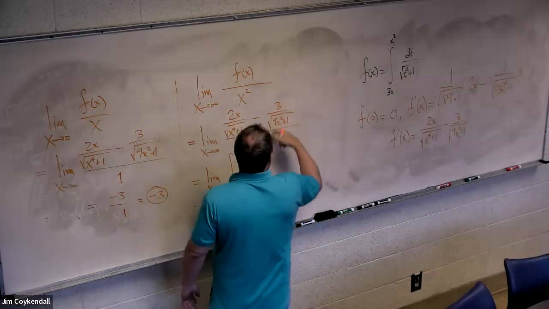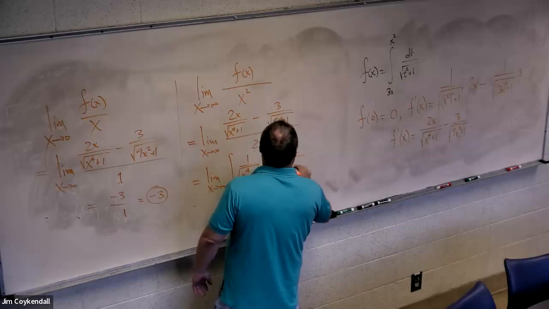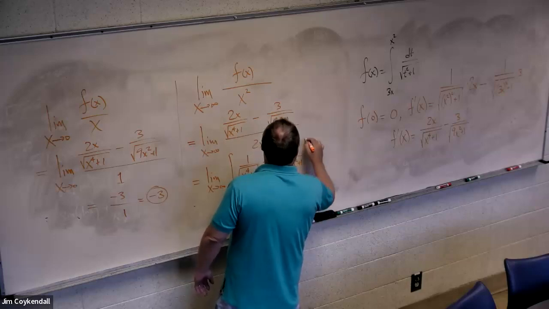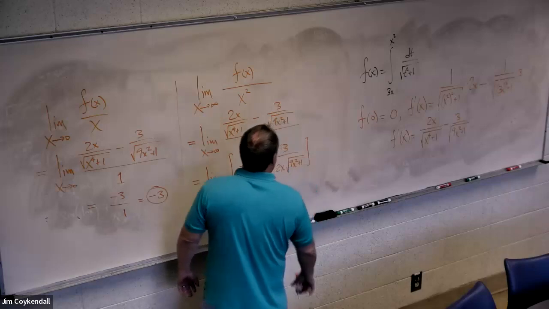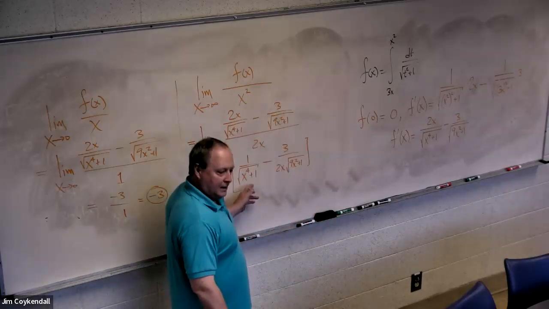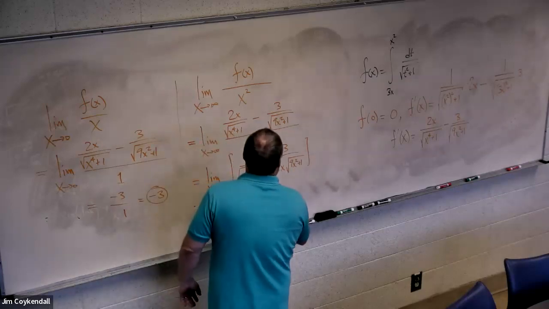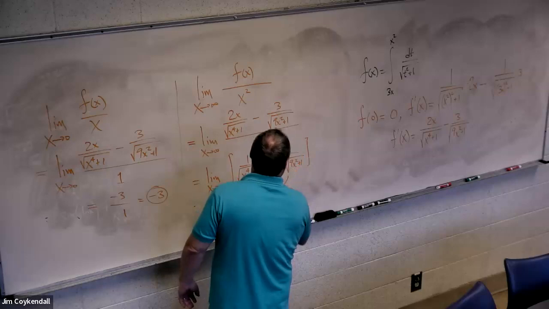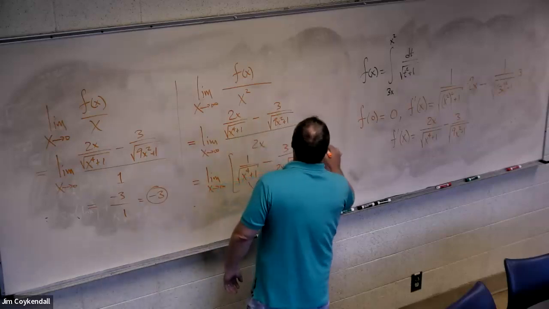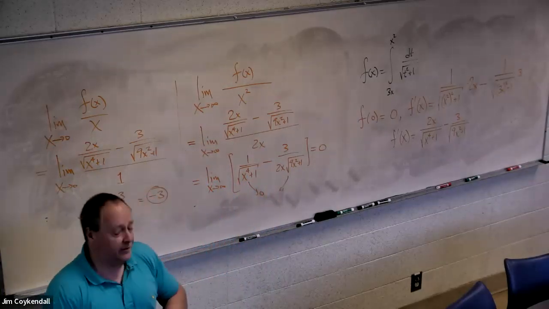And this over 2x. Now as x goes to infinity, the denominator here is getting huge. Here, the denominator is also getting huge, so we get 0 minus 0.